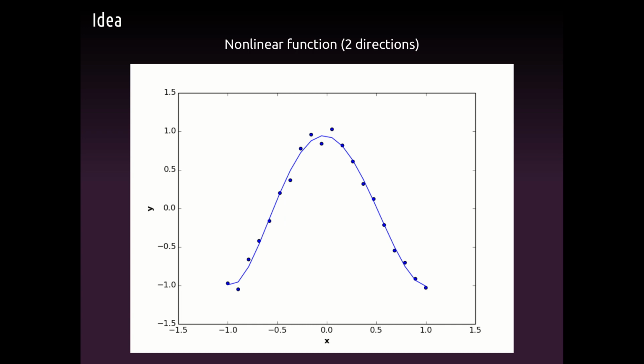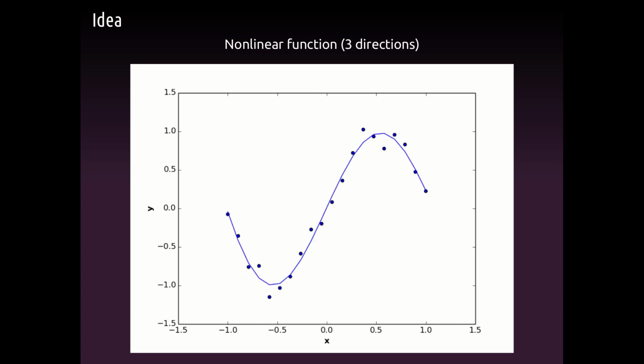So we call it a nonlinear function of the second degree. Another example here is also a nonlinear function of the third degree because the function has three directions. It starts to decrease and increase and once again decrease. So the function has three directions, and therefore we call it a nonlinear function of the third polynomial degree.